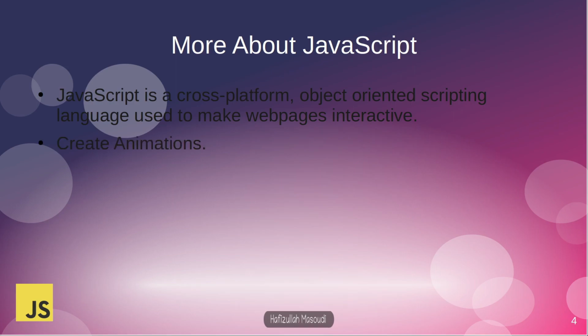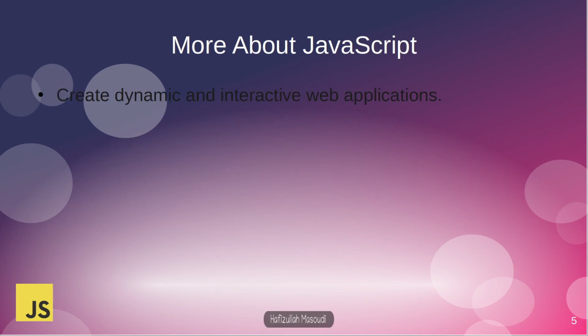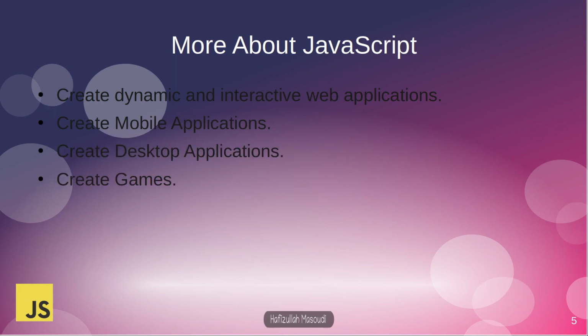Now you can create animations using JavaScript, you can create clickable buttons, you can create pop-up menus, and etc. So you can also create dynamic and interactive web applications, and you can also create mobile applications, desktop applications, games or backend web development. So these were all the things you can do using JavaScript.